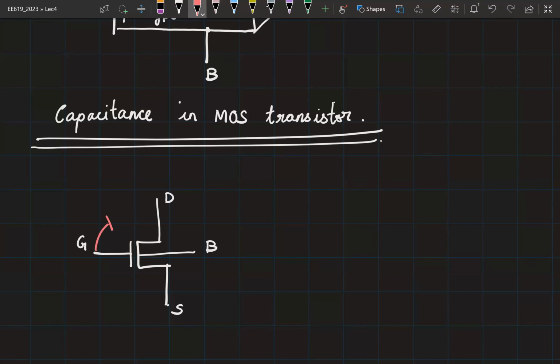So you'll have a capacitance between gate and the drain, which we refer to as CGD, between drain and the bulk, CDB, between gate and the source, CGS, between source and the bulk, CSB. Am I missing anything?